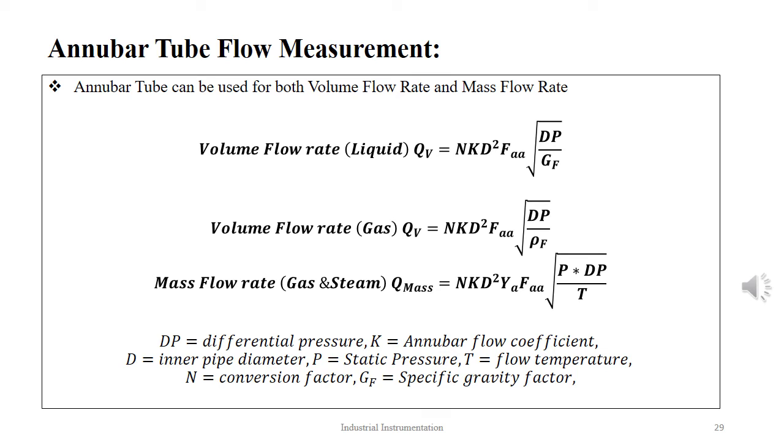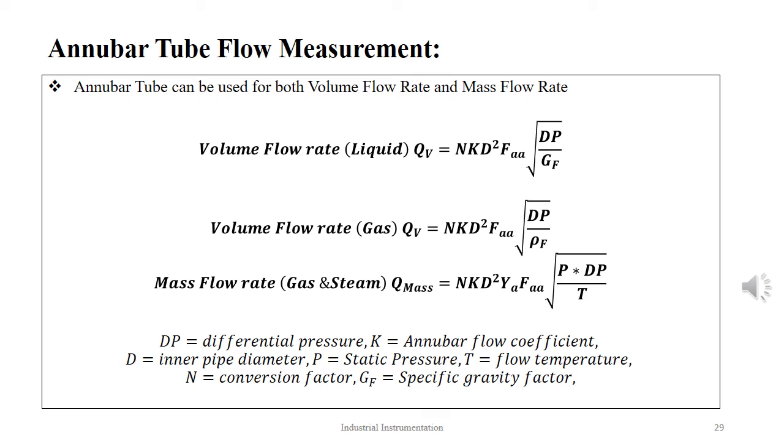The Annubar can be used for both volumetric flow rate and mass flow rate. To measure volumetric flow rate for liquids, the flow rate is given as QV equal to N K d square Fa under root dP by GF.